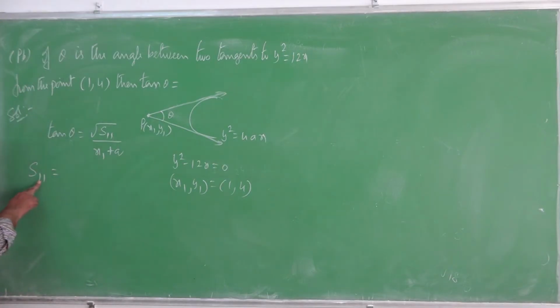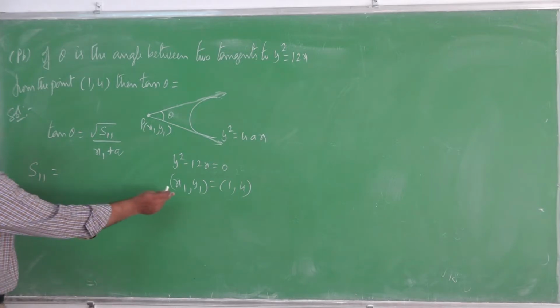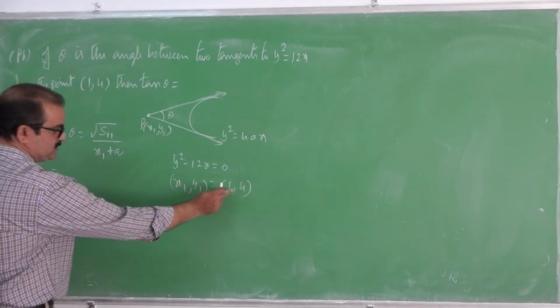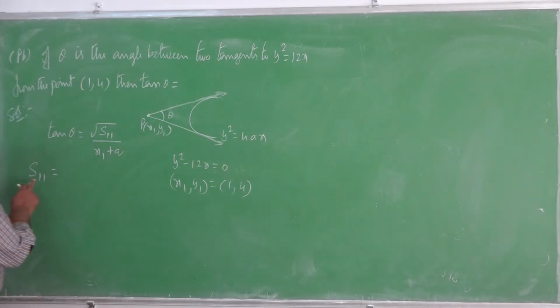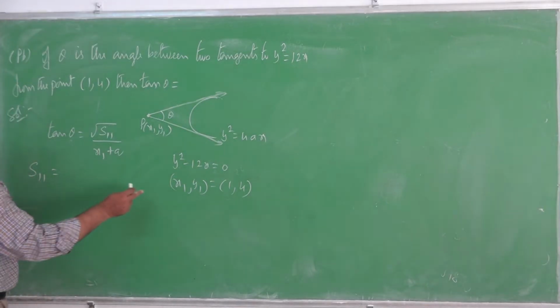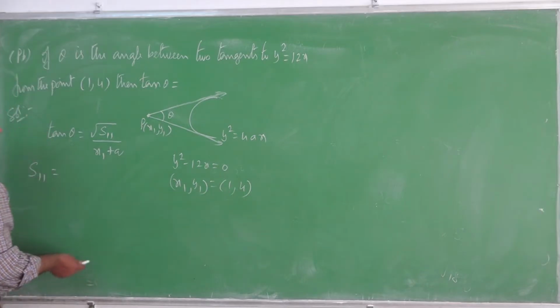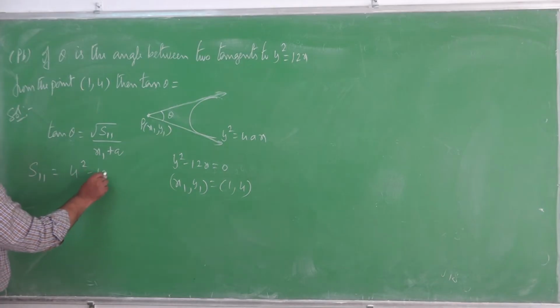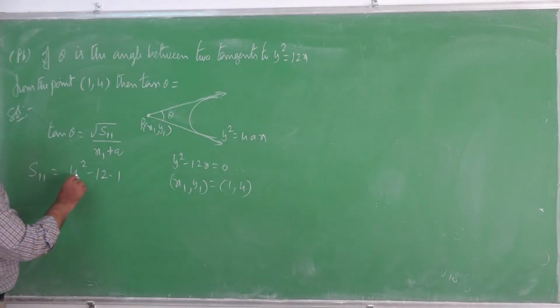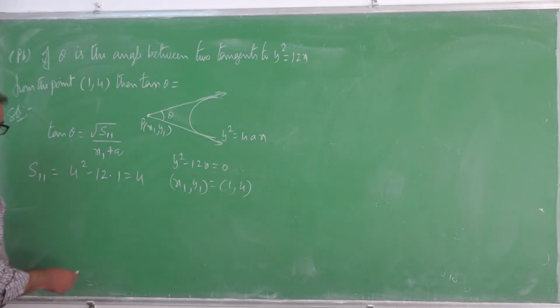How can we get S11? Substitute this point in this parabola, then we get S11. We put x is equal to 1, y is equal to 4. Then S11 value is 4 square minus 12 into 1. 16 minus 12, that is 4.